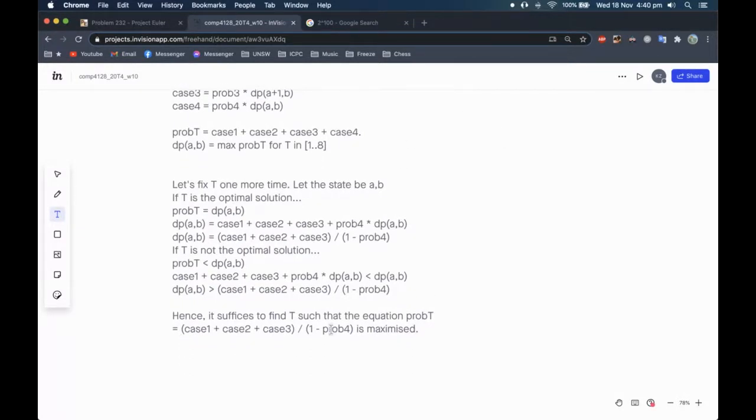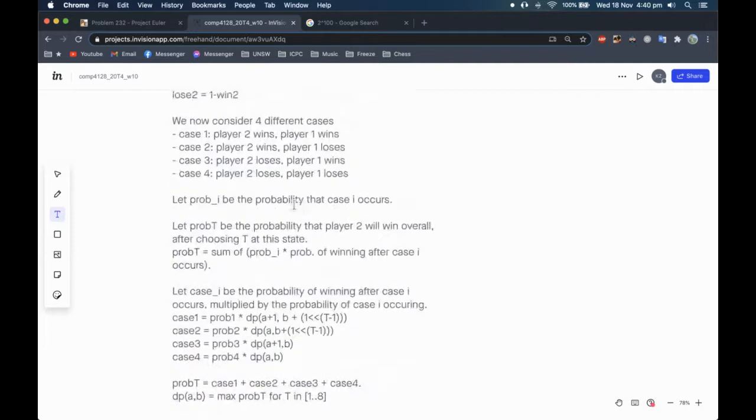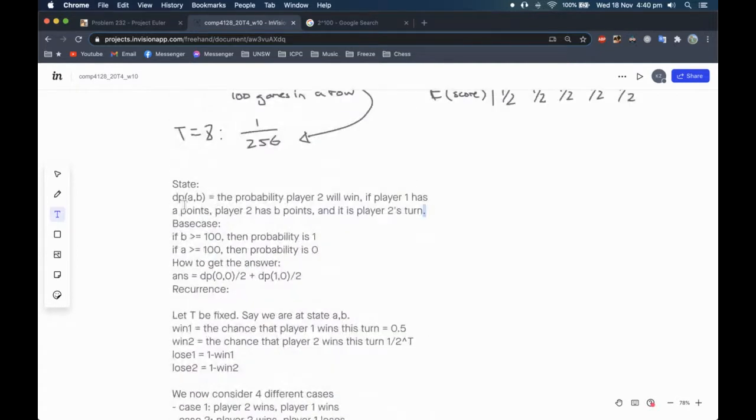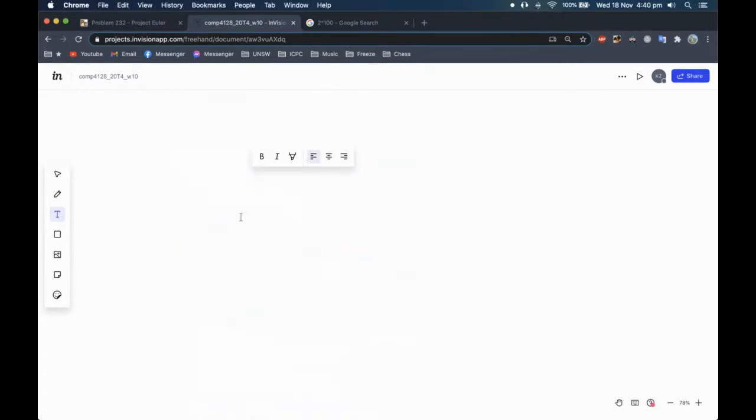Okay. So in summary, I guess we'll do one last summary here. We tried the greedy solution and it didn't work, so we moved on to the DP, and our DP was this particular state here.